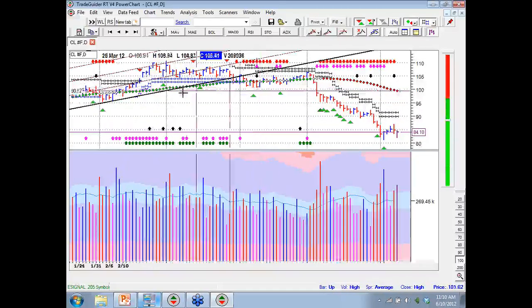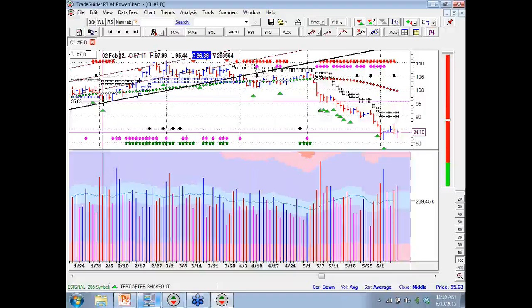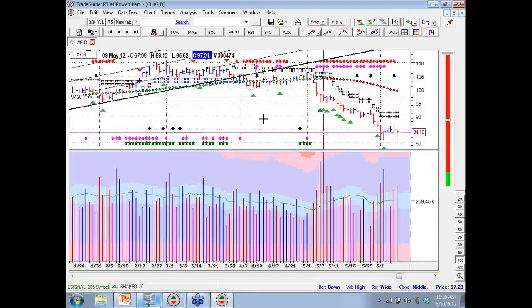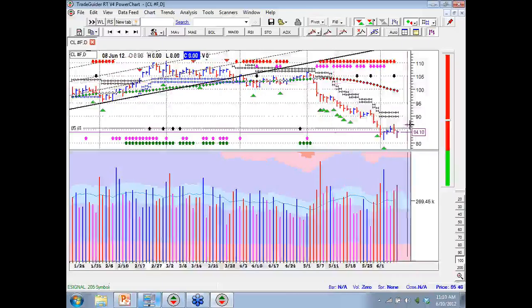Here specifically, now it's holding. So what I would do is I see this, I go short. I put my stop up here and ride it on down.